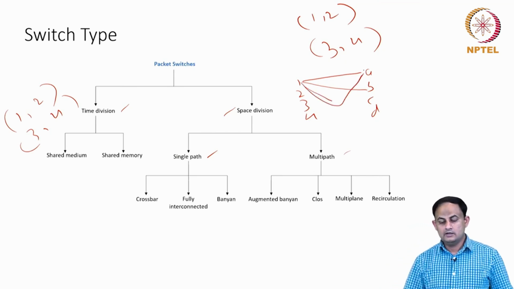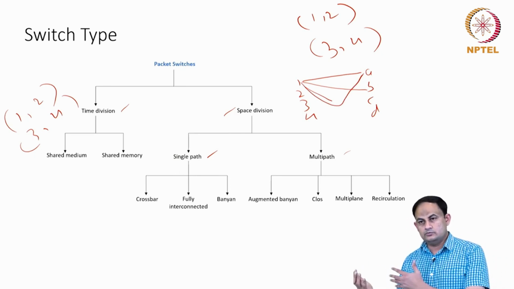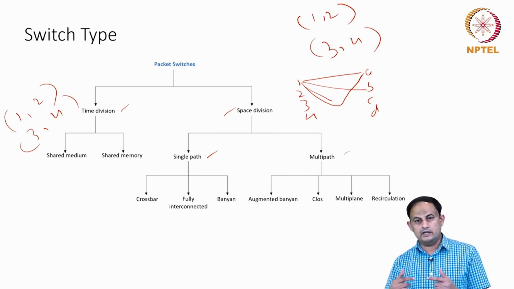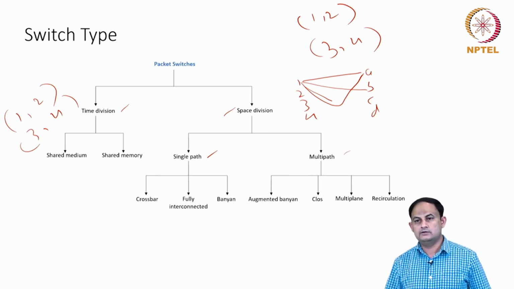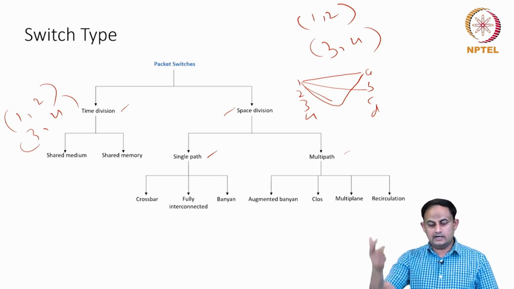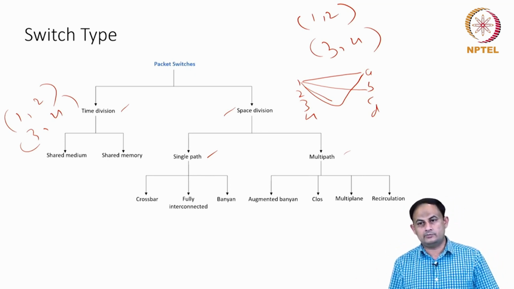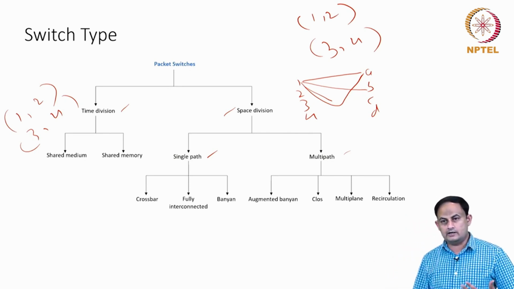So from every input port to every output port, there can be at least two distinct paths that exist in your switch fabric. If your switch fabric is of that type, it is called a multipath switch fabric among the space division. Anyway, parallel connections are possible.